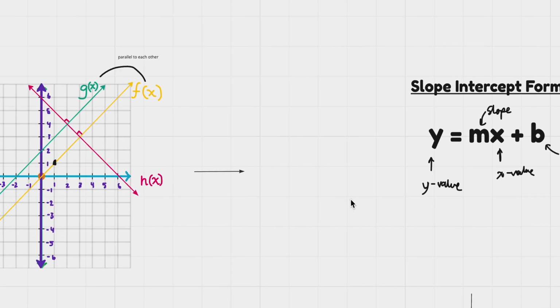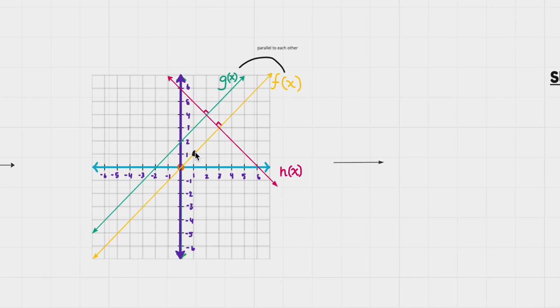So again, let's go back to this point here. We have 1, 1. So now we can find the slope of this line f of x using this point. Let's define the points that we already know. So we know y is equal to 1, because 1, 1. Let me just write it here so you can see it. Y is equal to 1, x is also equal to 1, and b, which is the y-intercept.